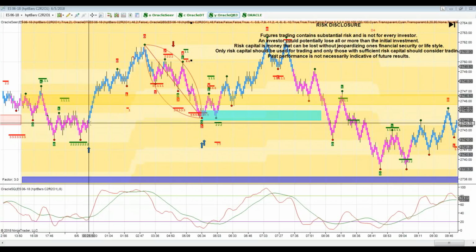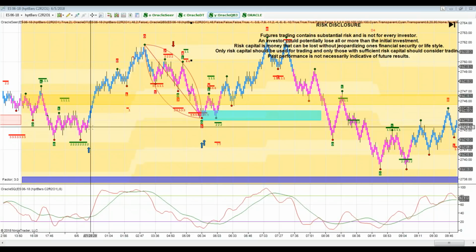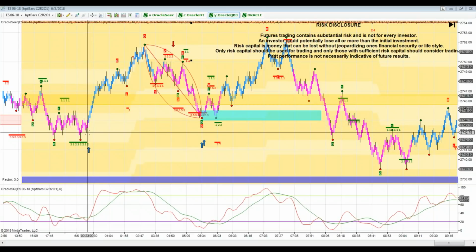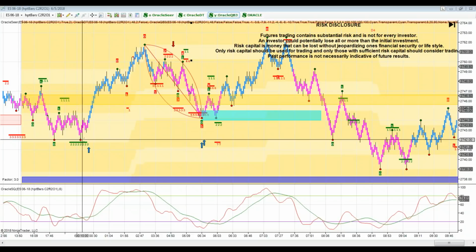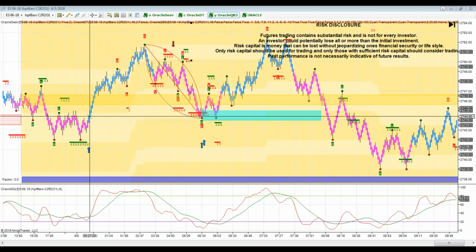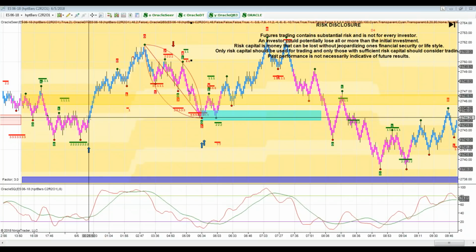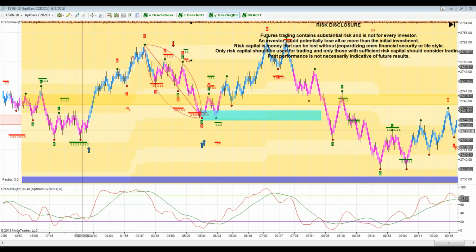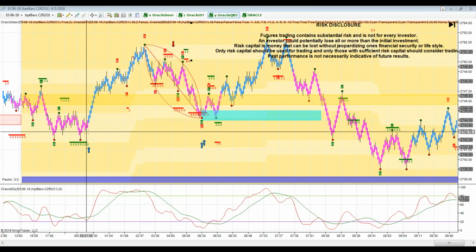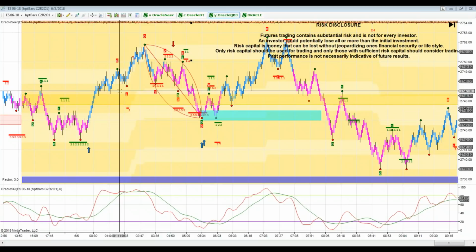Now, normally when you get the entry, I like to go with a stop that's underneath the previous swing. Normally that previous swing would be right here. The problem was that this trade entered a little bit late because of the filtering going on in the bars. So the good stop was under here. It's always nice when you can get a trade at the beginning and it just moves in your favor.